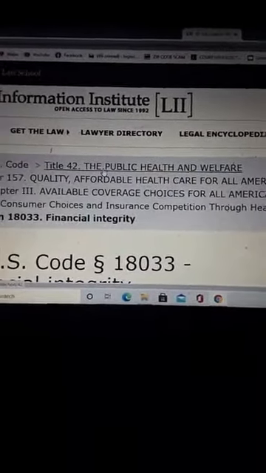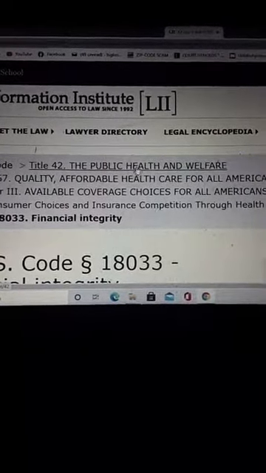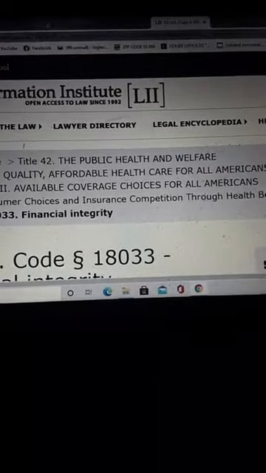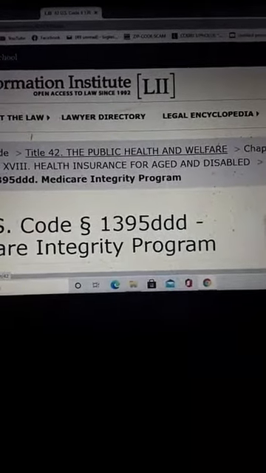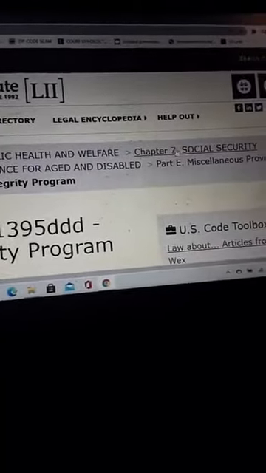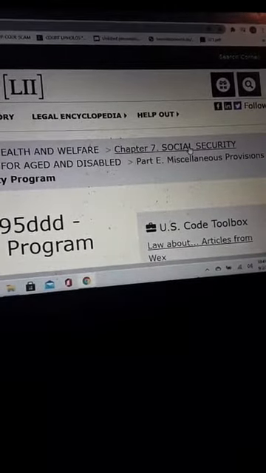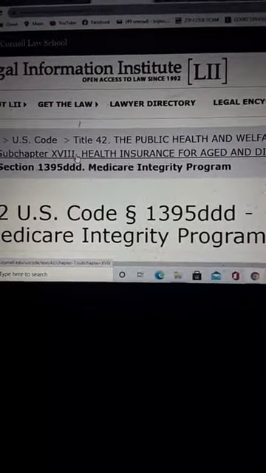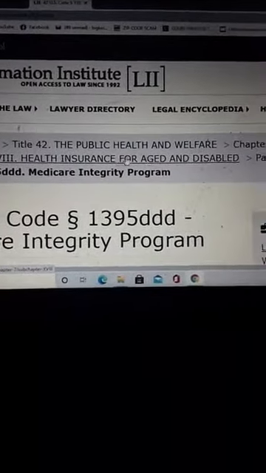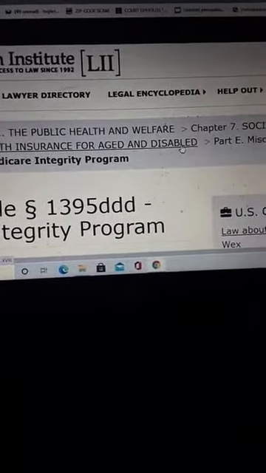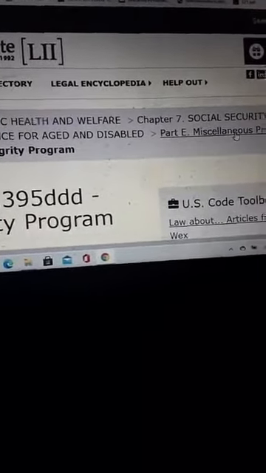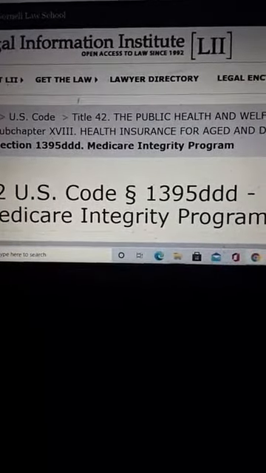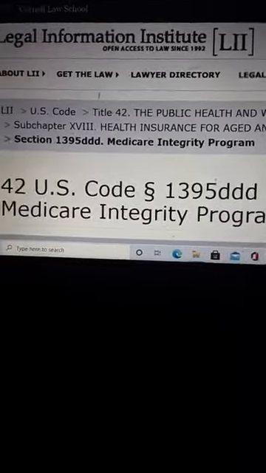And as we see here, it says the Public Health and Welfare. Oops, let's look. We're looking at the wrong one. The Public Health and Welfare, Chapter 7, Social Security, Subchapter 18, Health Insurance for Aged and Disabled, Part E, Miscellaneous Provisions, and it says Medicare Integrity Program.